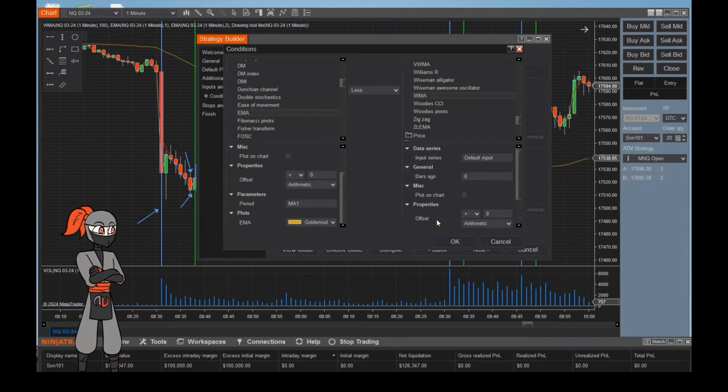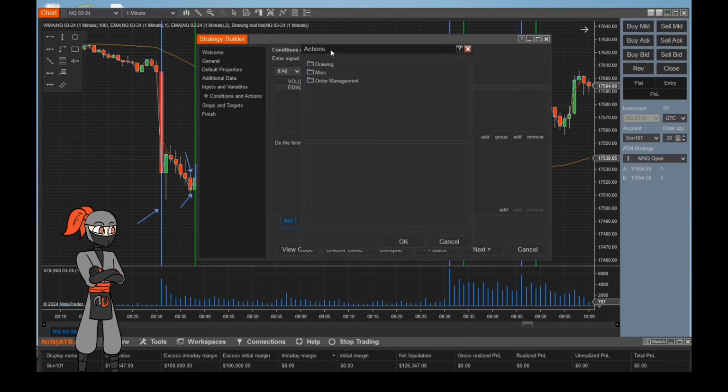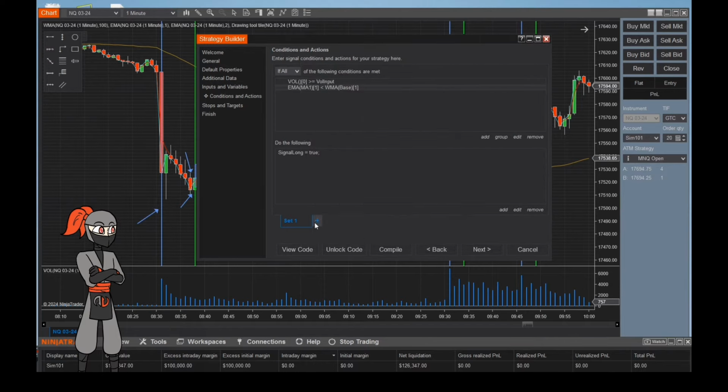Make it as simple as possible on yourself, and essentially if you're below it, the market's moving bearish, and if you're above it, the market's moving bullish. Remember, not only are we trying to build these strategies, but we're also trying to just get better at reading price action. Alright, so in this instance, with EMA, our moving average 1 below base, we are looking for a long signal.